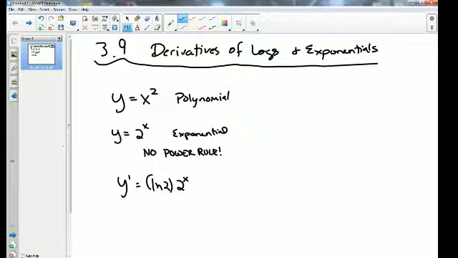So if we're going in general, we like to generalize things in mathematics. B is your base. So this is the generalization.